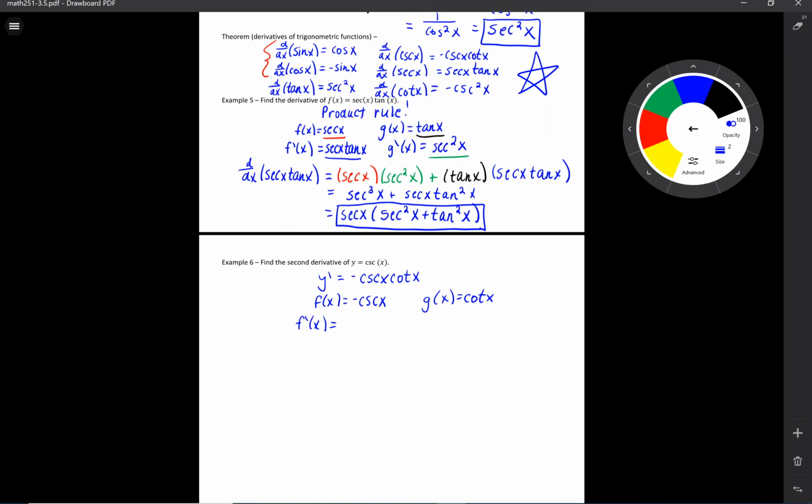So this is negative cosecant x cotangent x, or just positive cosecant x cotangent x. And then g prime, the derivative of cotangent, is negative cosecant squared of x.